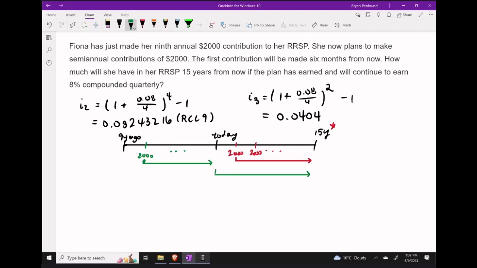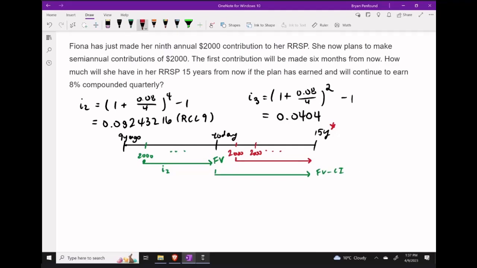So we can use I2 to calculate the future value of that payment stream that should land at the today mark. And then once we know the amount of that money, we can move that forward and find the future value using our compound interest formula 15 years from today.